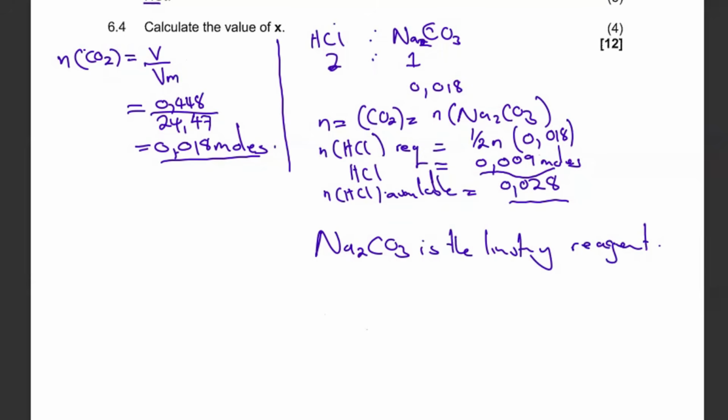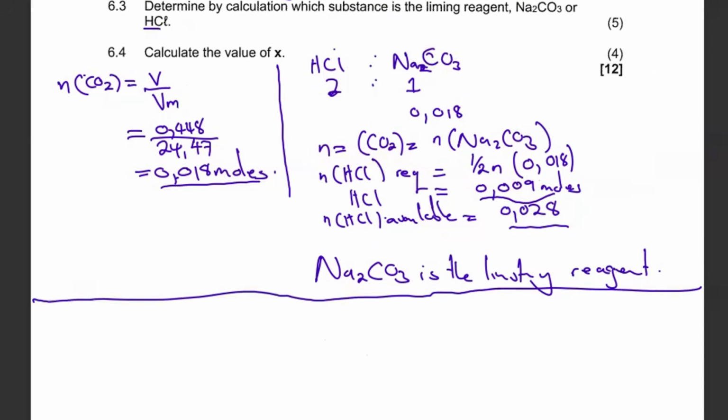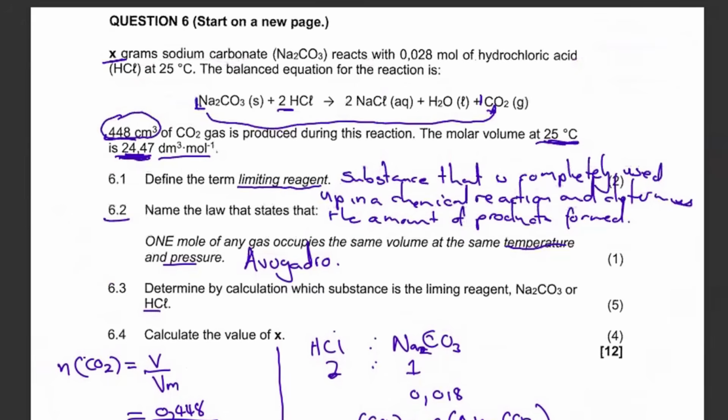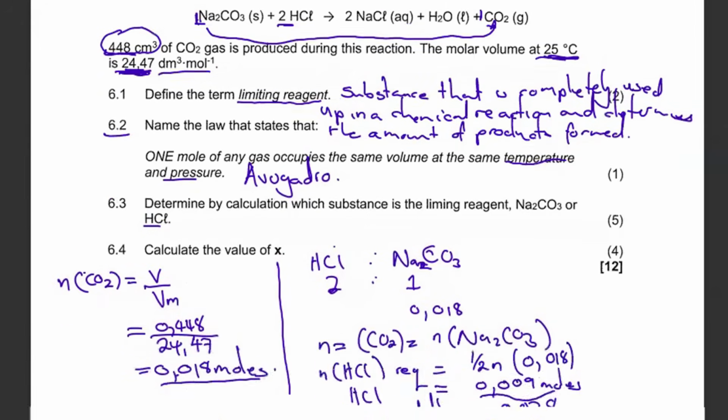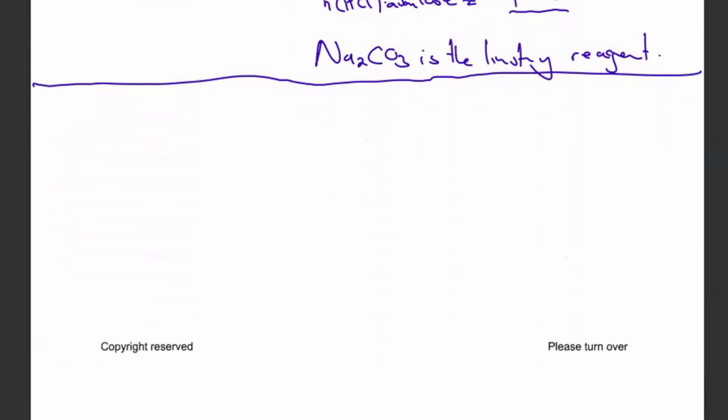Then we move on to question number 6.4, which focuses on the value of X. If you can go up a bit, it says X grams of sodium carbonate. So that's where we are.